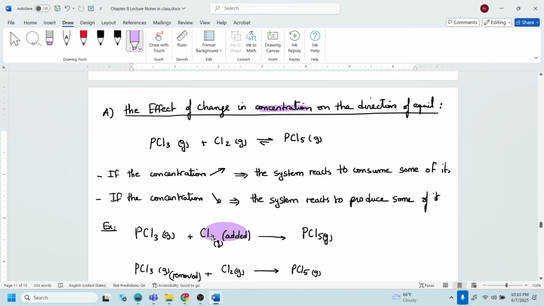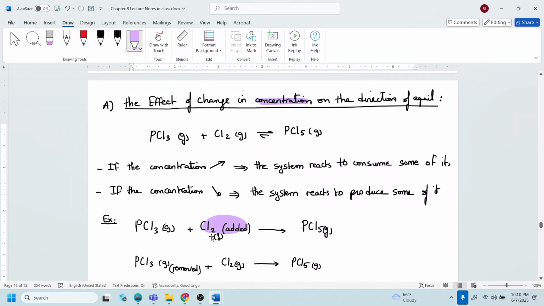Chlorine is in the reactants, right? So I'm increasing the concentration of the chlorine, as it says over here, chlorine added. So I'm just going to go ahead and raise my left hand. The direction of equilibrium is going to go towards the opposite side.